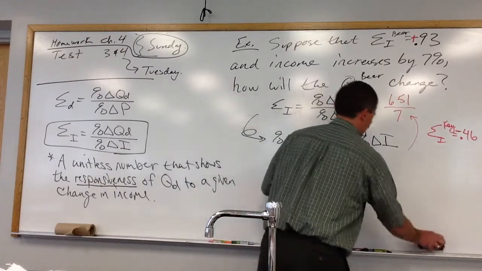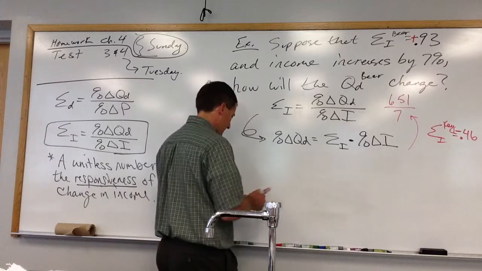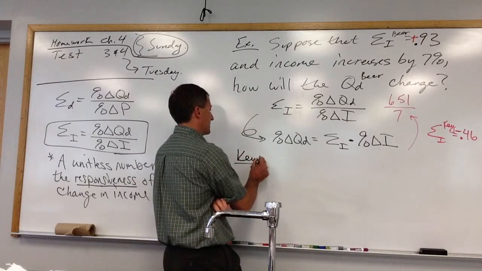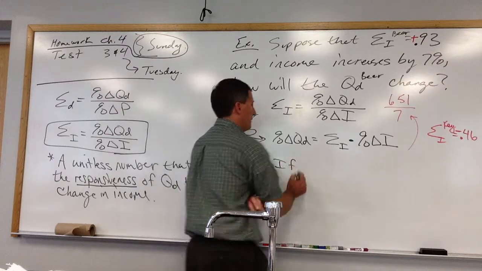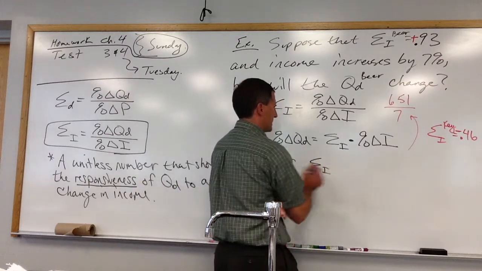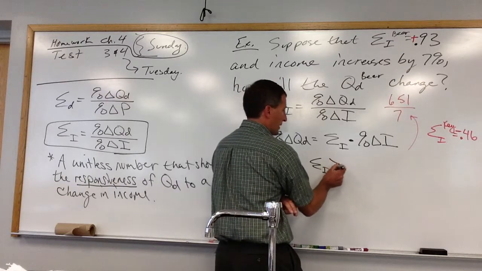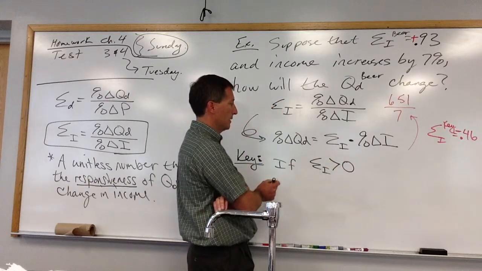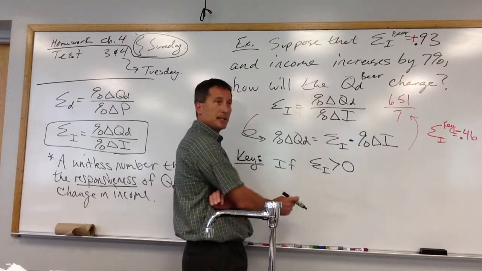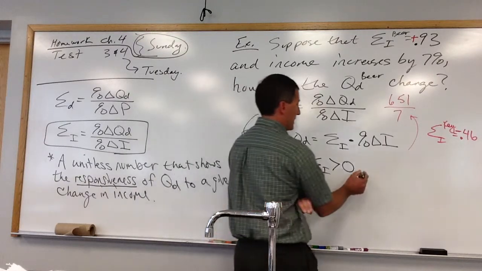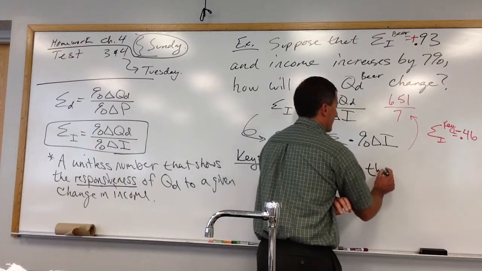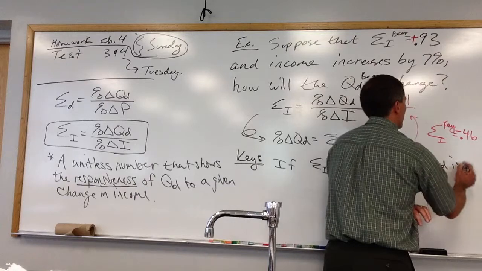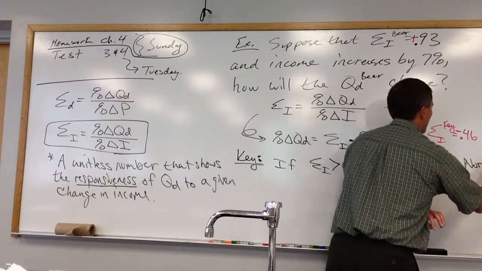All right, so let's interpret this here. Well, wait, let me summarize the sign business though. One of the key points here with income elasticity: if the income elasticity number is greater than 0, i.e., it's positive, like we did in this example, then the good is a normal good.